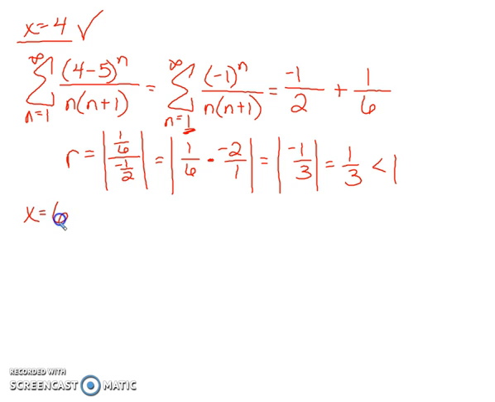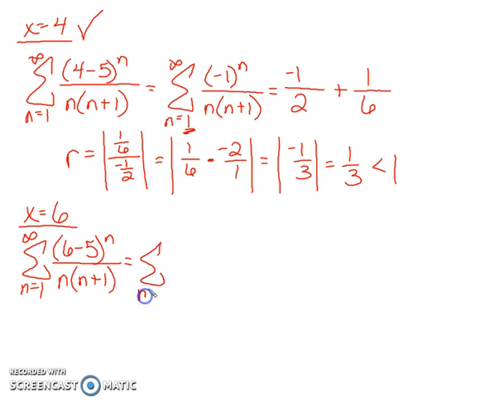And then if we do the same thing with the other endpoint of x equals 6, we would have the sum from n equals 1 to infinity of (6 minus 5) to the n over n times n plus 1. Or the sum from n equals 1 to infinity of 1 to the n, but let's be honest, 1 to anything is just 1, over n times n plus 1.